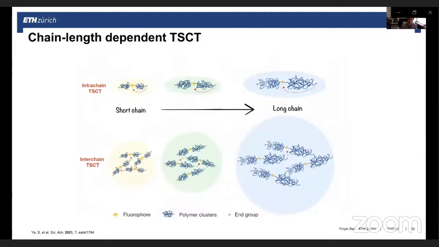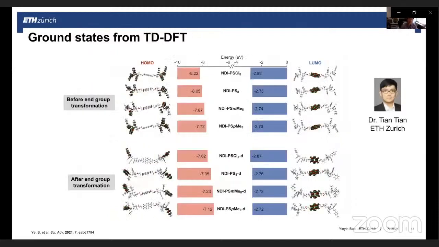Then we further use TDDFT to calculate the ground states of these polymer systems, using simplified models including only 4 repeating units for each type of polymer. We can see that for the systems, both before and after end group transformation, there is an increase of the HOMO energy when we increase the electron donating ability.